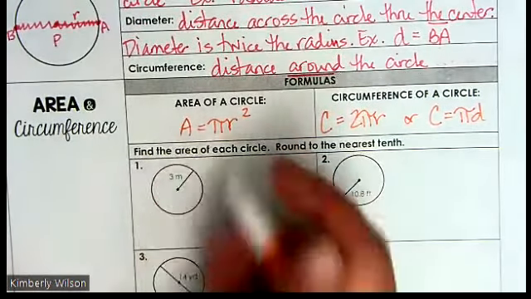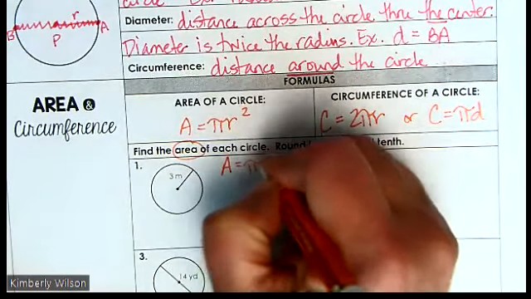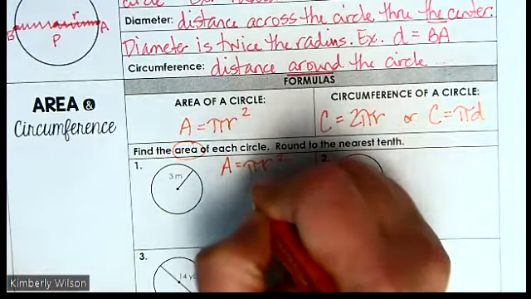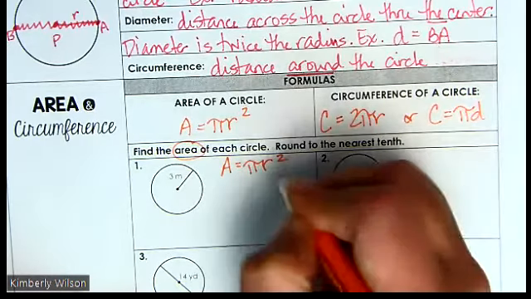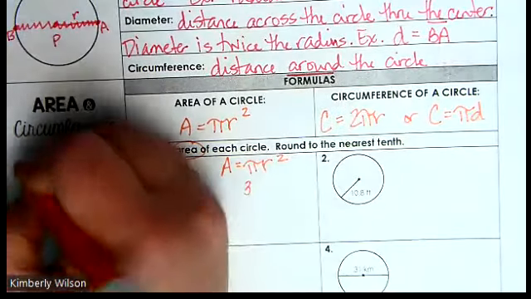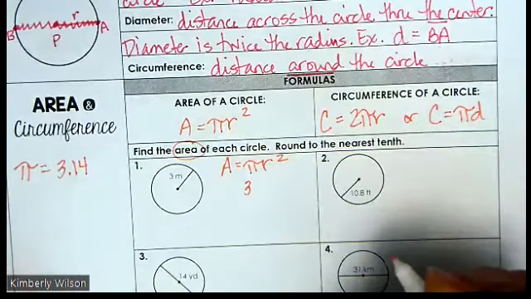So if I'm finding this one, we're finding area. So the first thing I do is write my formula, pi r squared. So we're going to plug in, for pi, we're going to use 3.14.